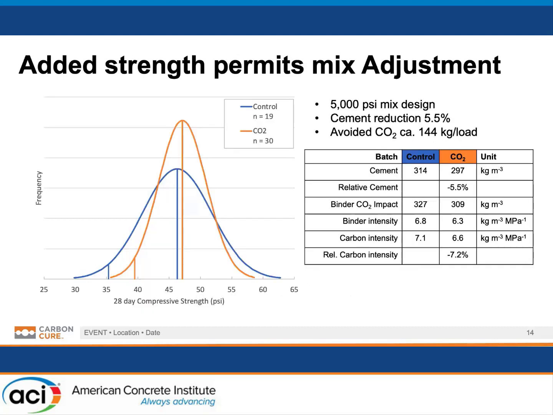So if you have additional strength, then you can use that as a basis for a mix design adjustment, because somebody that's making concrete doesn't necessarily need to give the end user stronger concrete. They just need to give them strong enough concrete. So what they're concerned about is not the average strength.